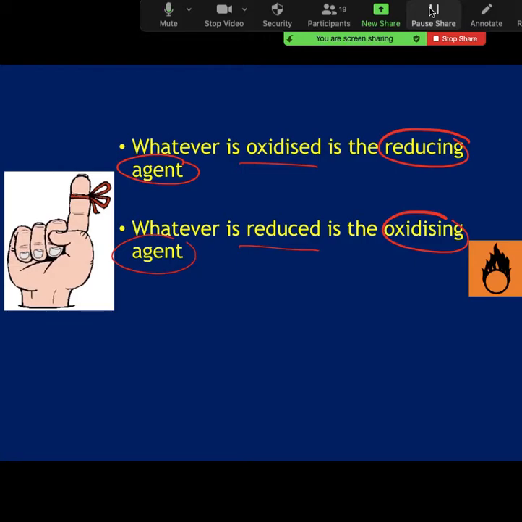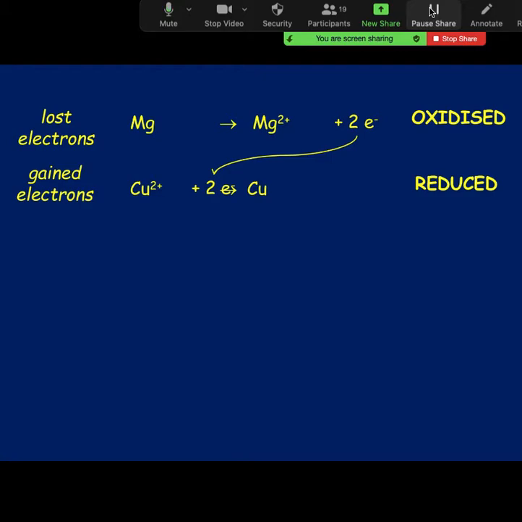Okay, so we're just going to rewrite our two half equations again. Like so. So they're going to fill into your little gap up here, and what it's showing you is the two electrons that were released from magnesium here end up going to the copper.